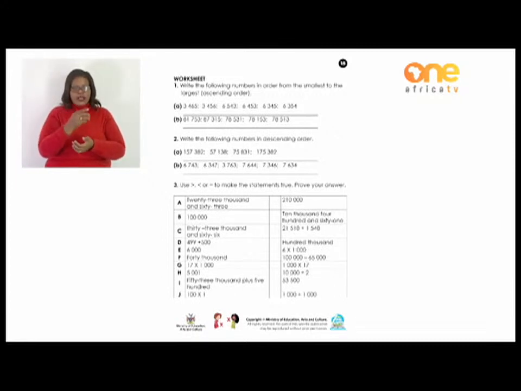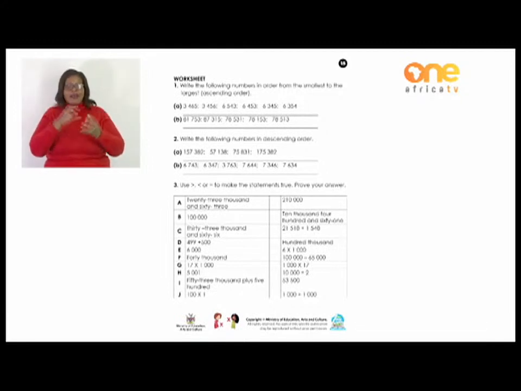You must write that in numeric so that you can compare that with 210,000. The column in the middle there should be reserved for the sign that you are going to put. Remember, the crocodile must eat what is big.